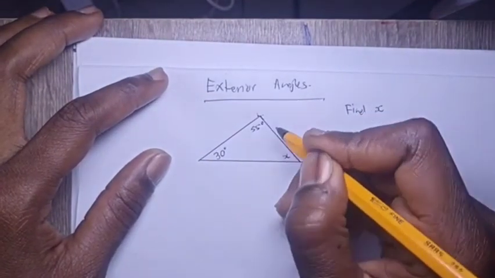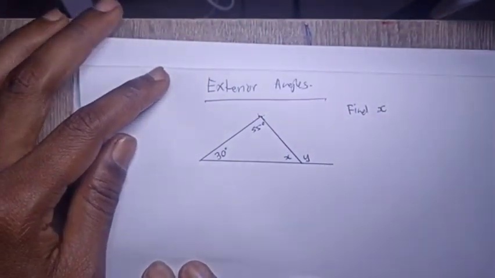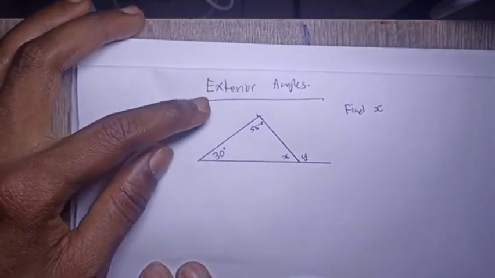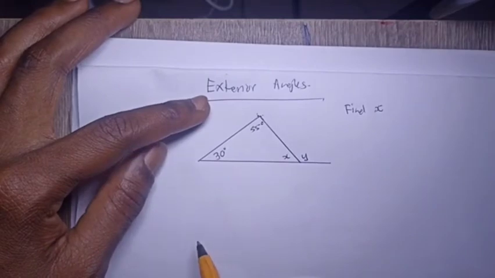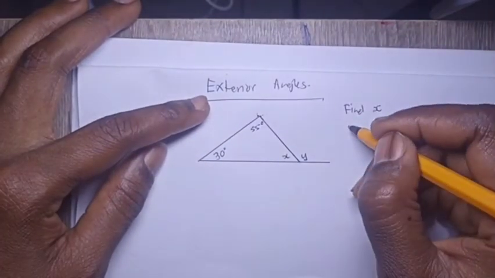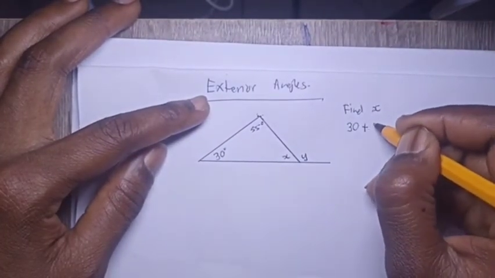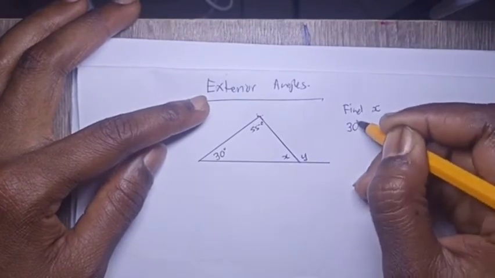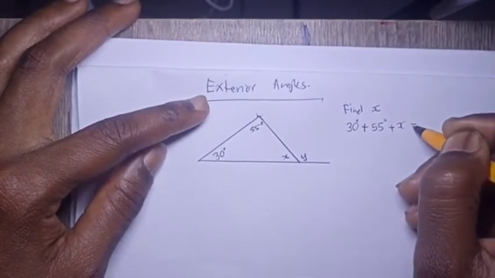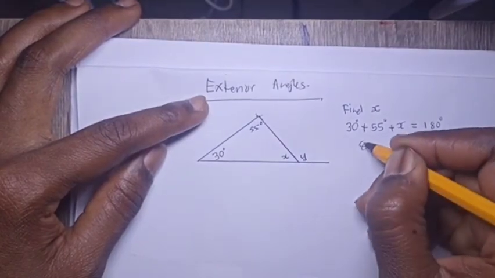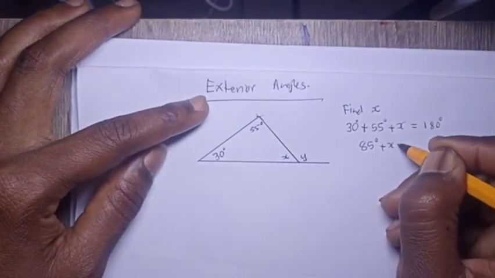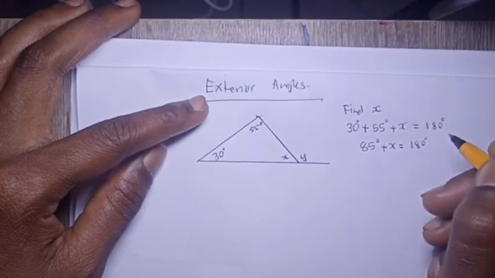If this is 55, what are we going to say? Angles inside a triangle add up to how much? 180. So I'm going to say 30 plus 55 degrees plus X must equal 180. I'm just using an example. So 30 plus 55 equals 85.